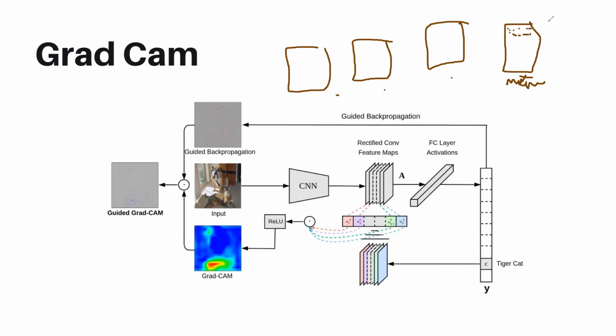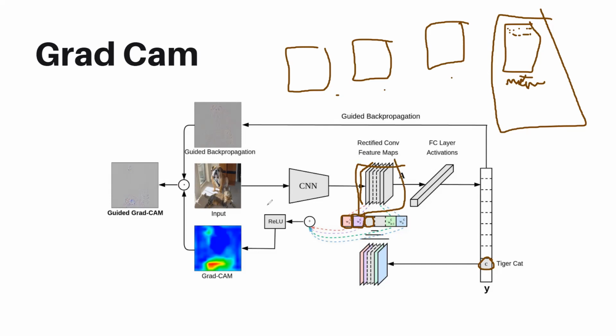For example, if this window contained a lot of stuff influential for the decision of a tiger, its activations are going to be very high, meaning the mean would be high, and the values inside this rectified convolutional feature map are the ones with the highest value. So we calculate these weights for each one of them, and then simply do the summation, the weighted average of these feature maps.